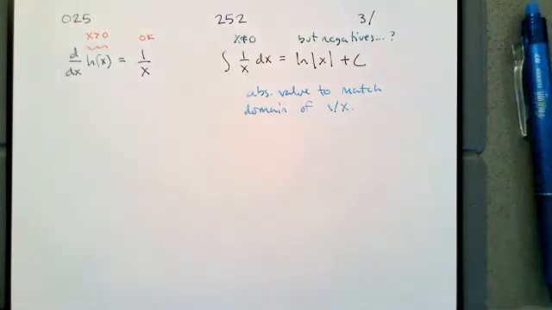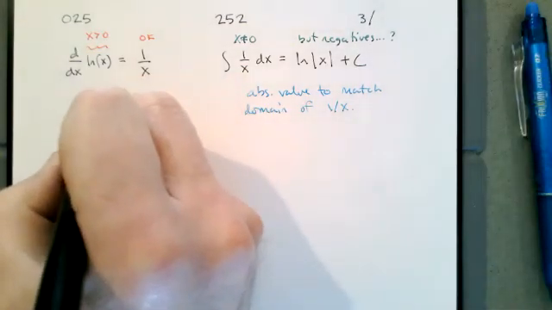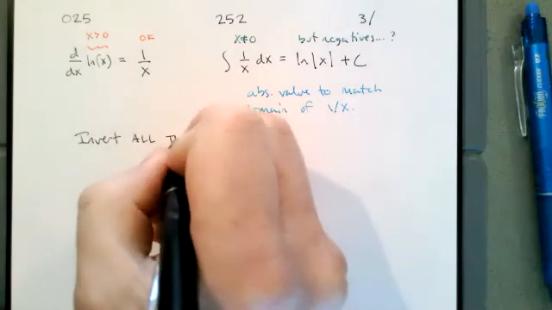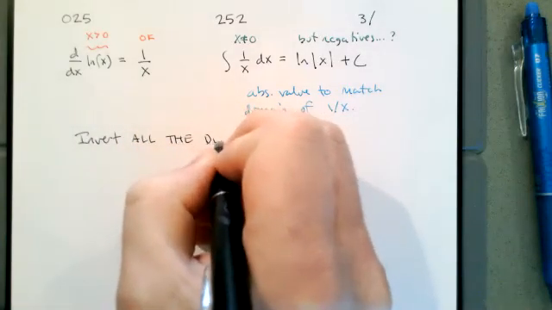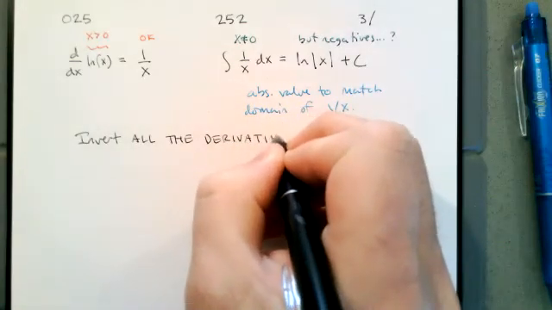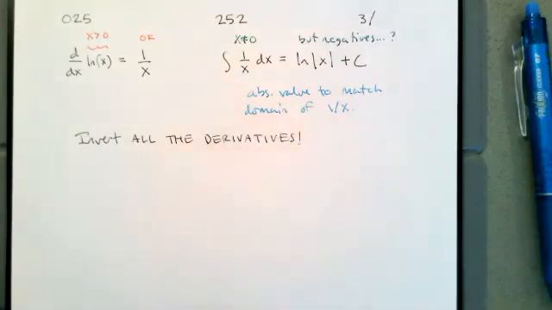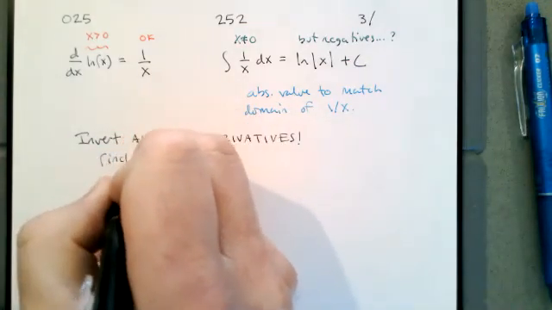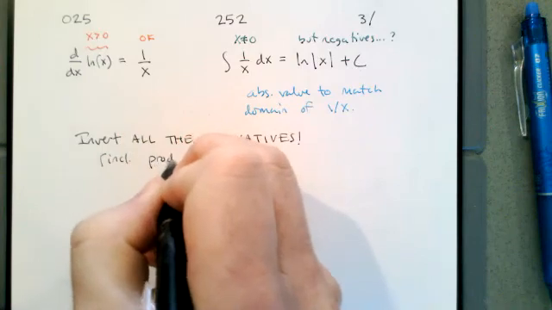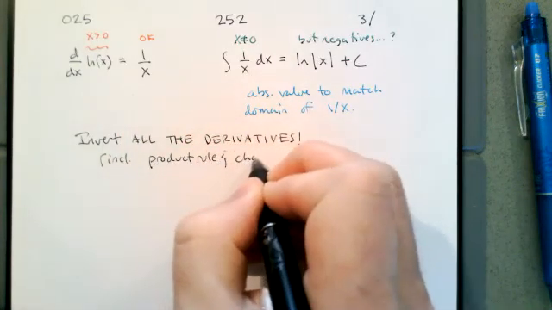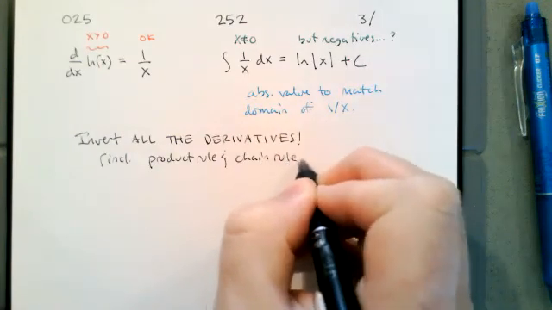Invert all the derivatives. And this includes product rule and chain rule.